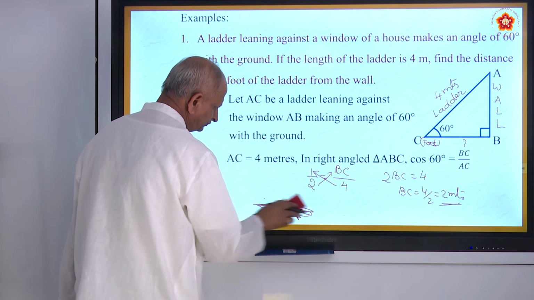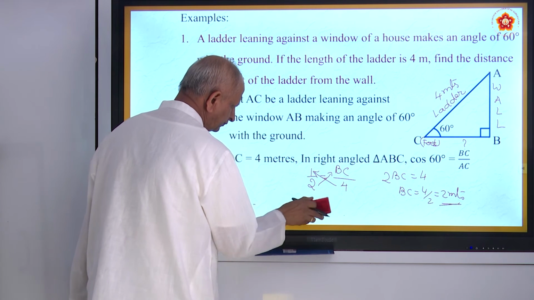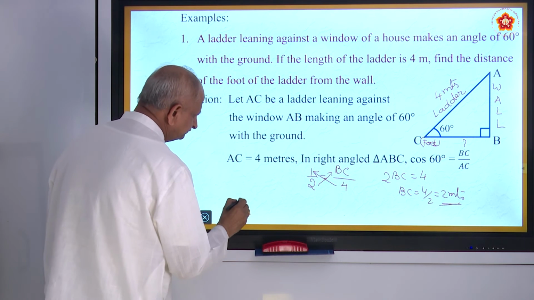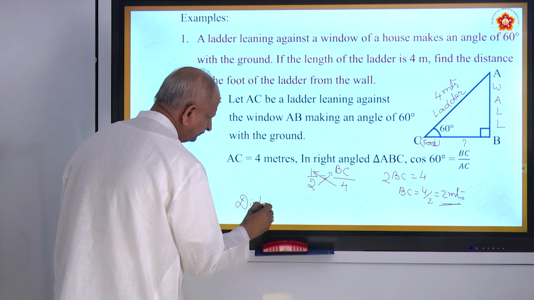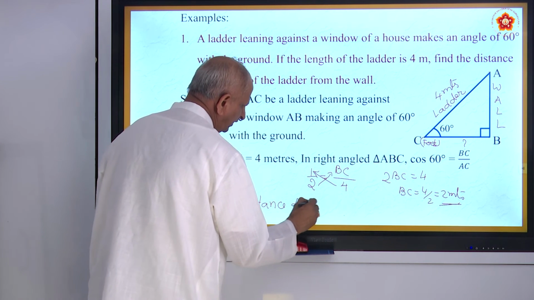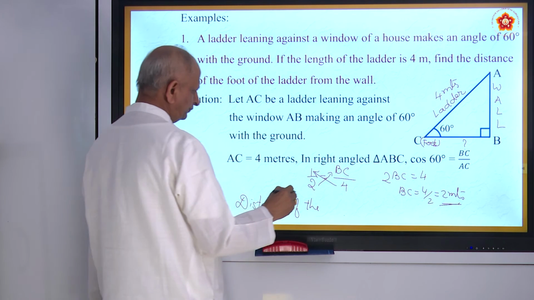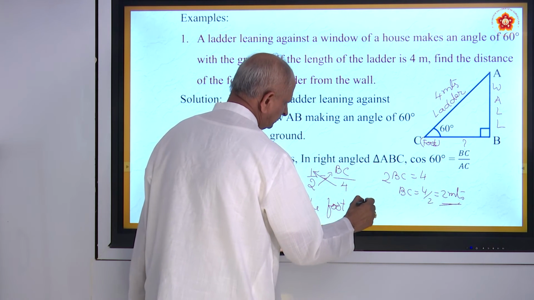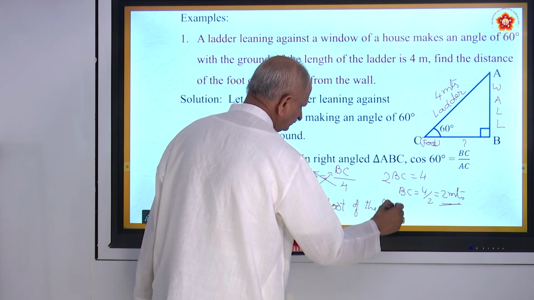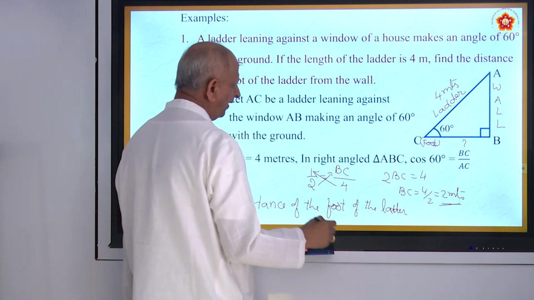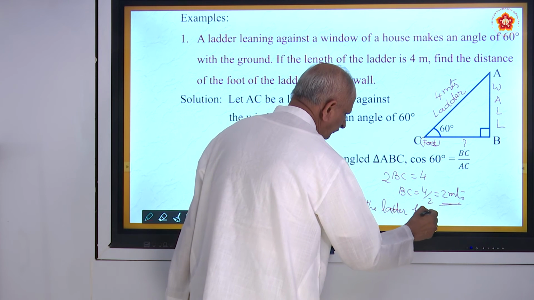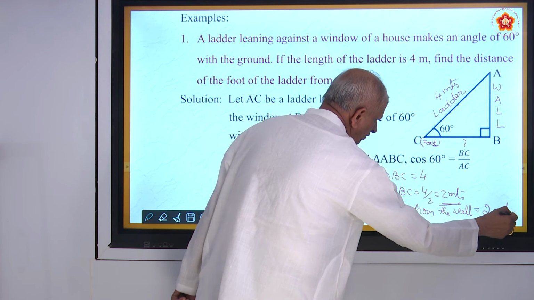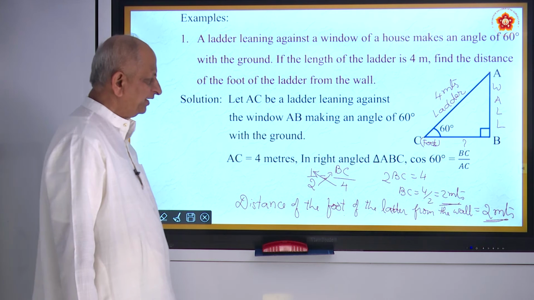They are asking the distance of the foot of the ladder from the wall. Therefore, the distance of the foot of the ladder from the wall is equal to 2 meters. That carries half marks.